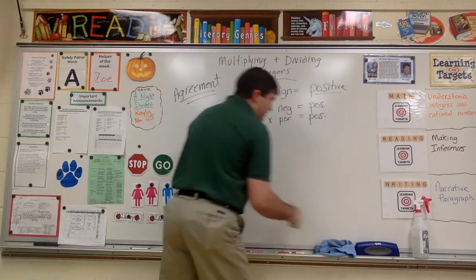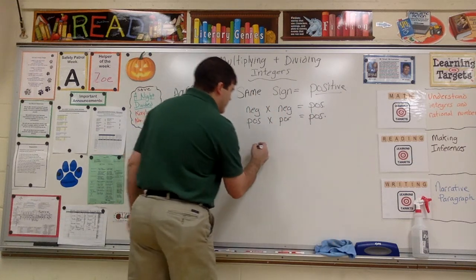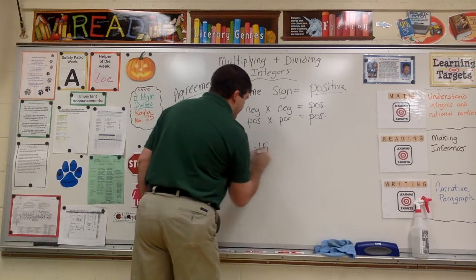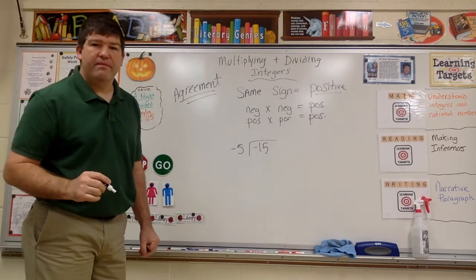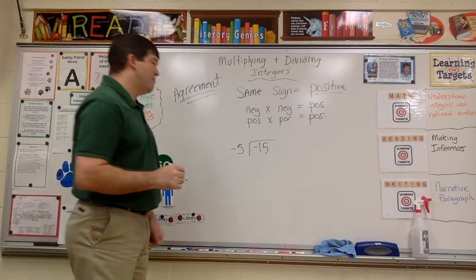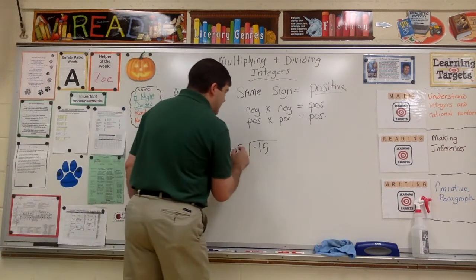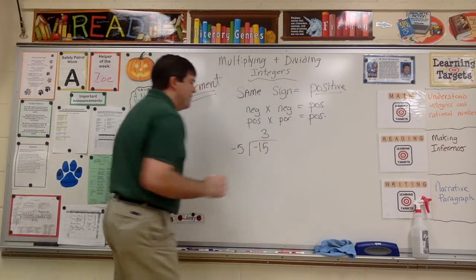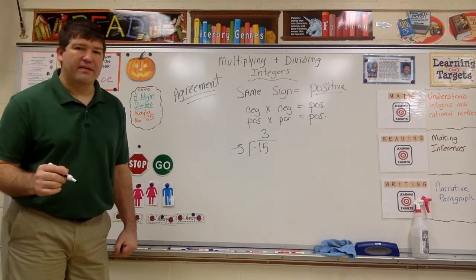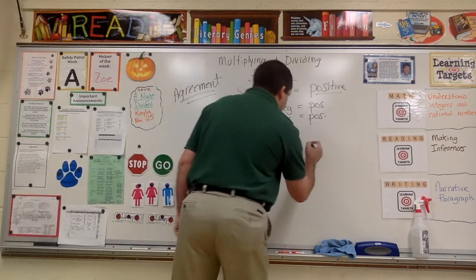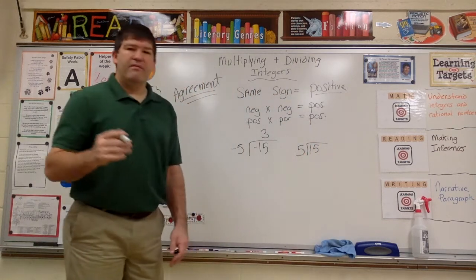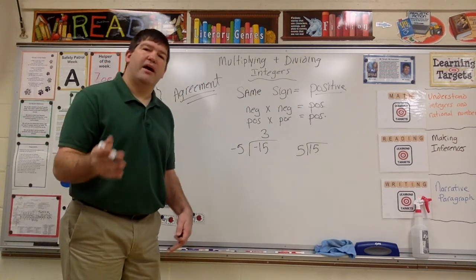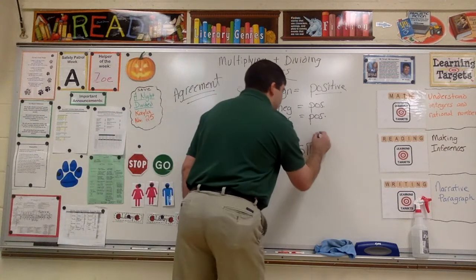Same with division. So if I have negative 15 divided by negative 5, it's a negative and a negative, it's going to give me a positive 3. Same as if they were both the same sign, positive 15 divided by a positive 5 is going to give me a 3.